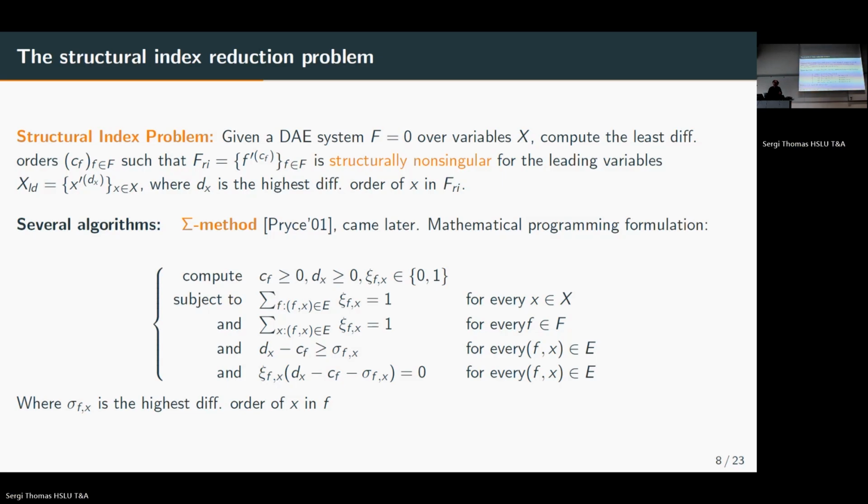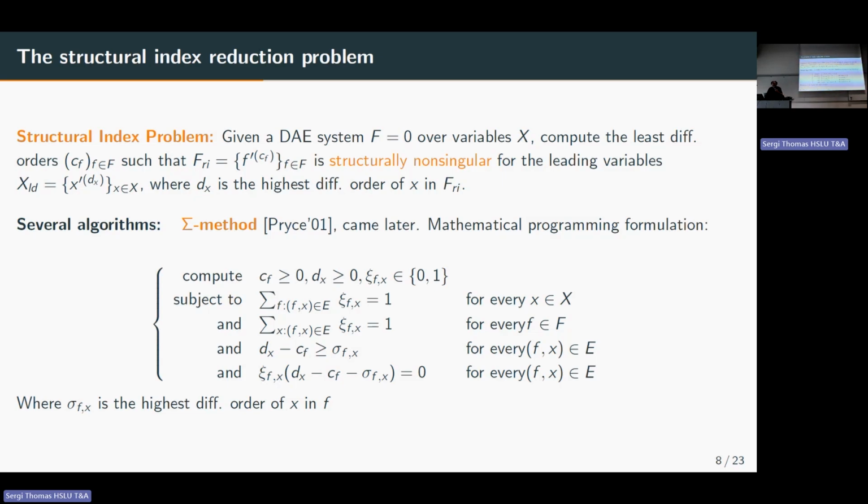And the last constraint is actually a complementarity condition that forces equality, so that d_x is equal to c_f plus sigma_fx for each edge fx that is in the perfect matching.